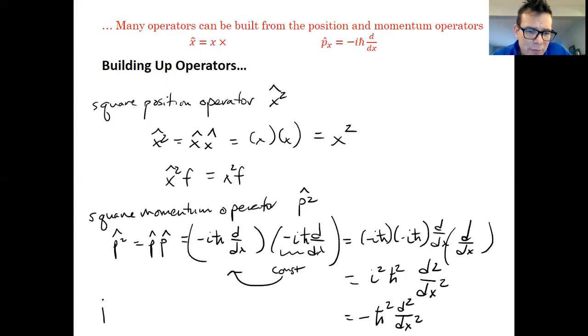And if I operate with my square momentum operator on some function of x, what you're going to do is take the second derivative of that function and multiply it by negative h bar squared. That's how I build up operators.